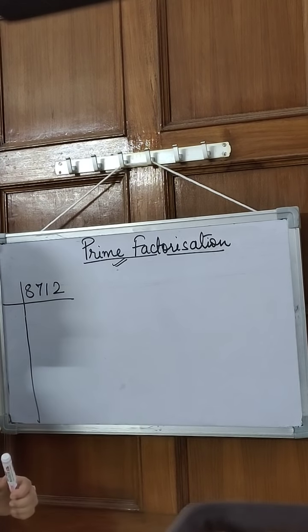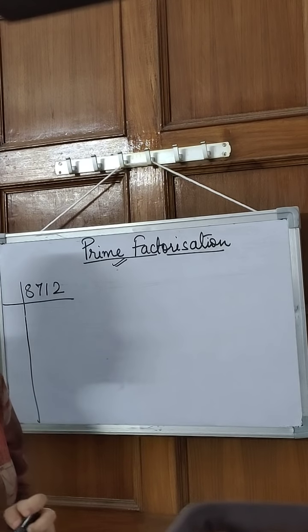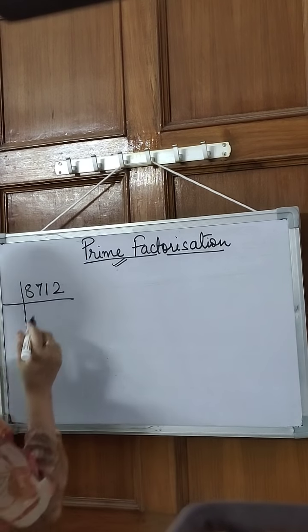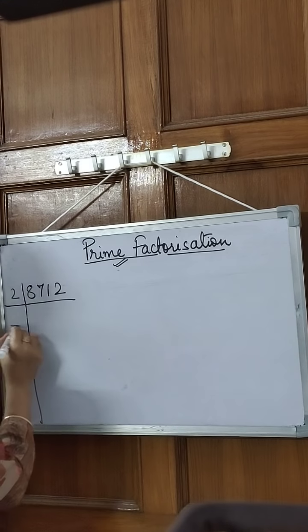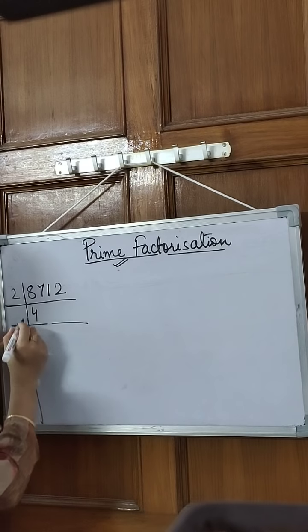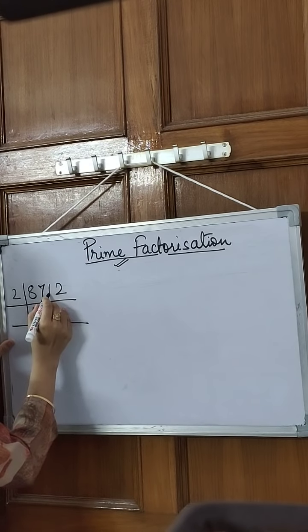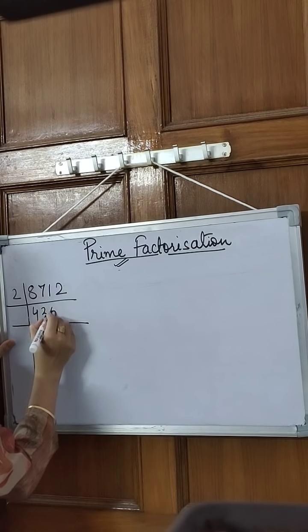As you have done the divisibility tests, you have to apply the divisibility test here as well. With the help of this, you can easily solve these types of questions. As this number is ending with 2, yes, it is divisible by 2. So 2 4s are 8, so 4. 2 3s are 6, so 3. So 1 will be there, so this will become 11. So 2 5s are 10.